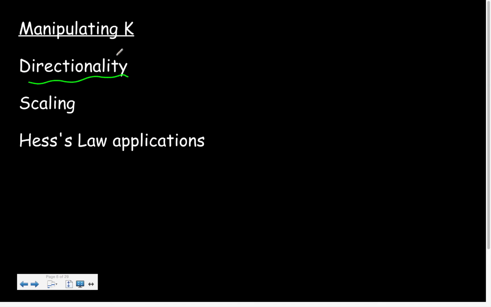If we wanted to scale our reaction, to multiply our reaction by 2, thinking about what happens to my coefficients, that means I'm going to square my K. Because if I double all my coefficients, all those coefficients go up there as my exponents.